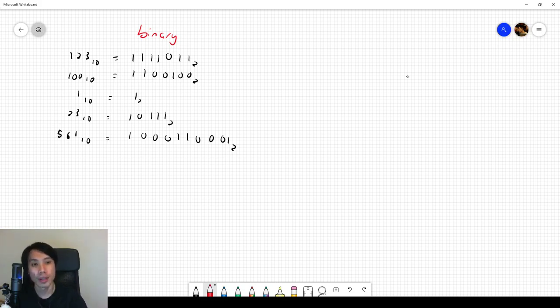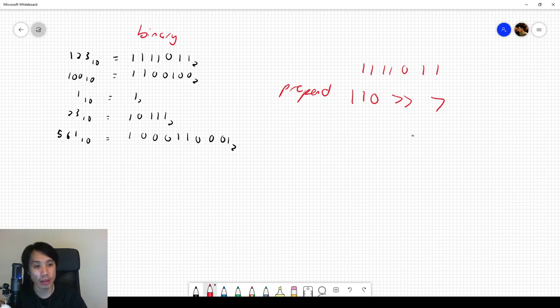For example, if my binary is 1 1 1 1 0 1 1, and I want to prepend with 1 1 0. If I want to prepend it, it's actually quite straightforward. Here I have 1 2 3 4 5 6 7, which means I need to shift this number 7 places.